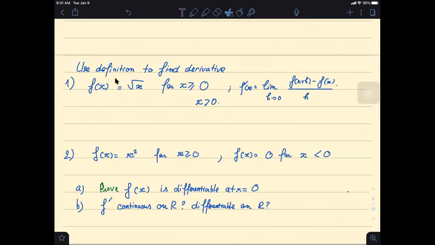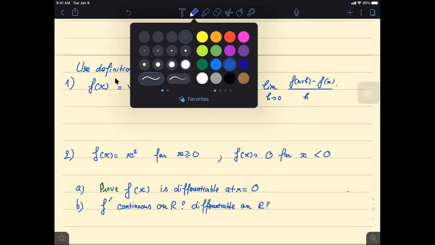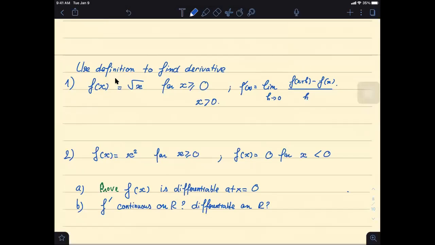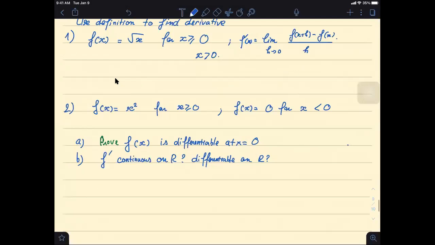So you want to use the definition. The first problem, you want to use the definition to find the derivative of square root of x for x greater than or equal to 0.